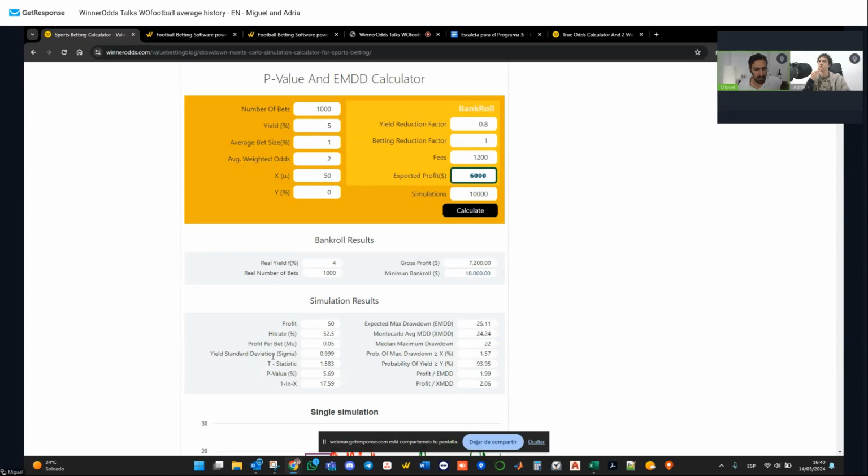the yield standard deviation. This is the statistic to calculate the probability of obtaining a positive yield just by luck. So the lower this value, the better the system. And this is the inverse of the p-value.